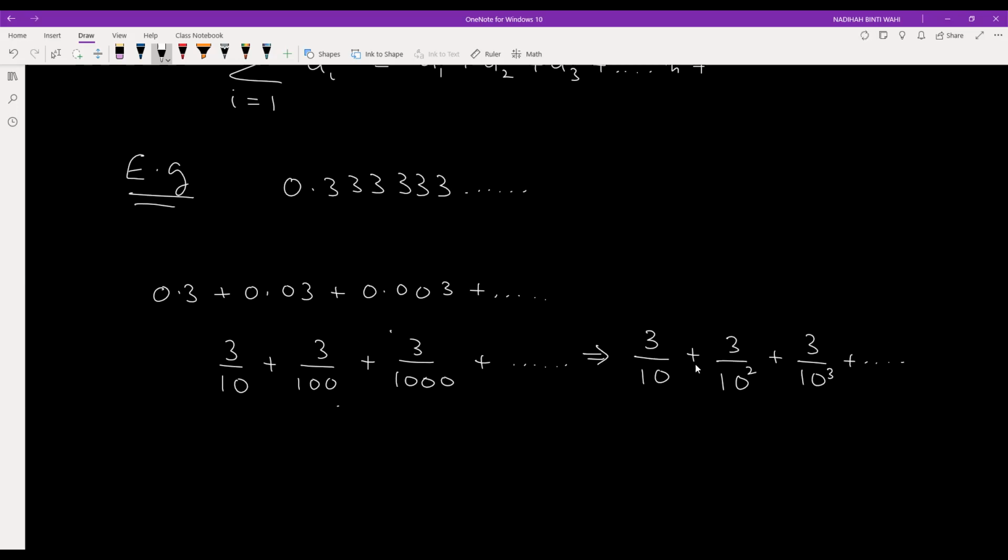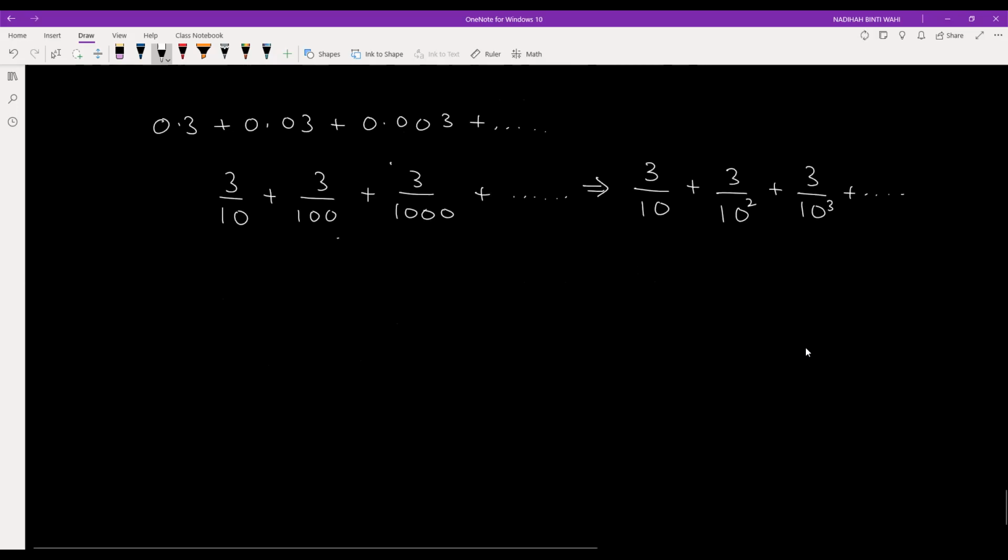That looks like 3 over 10 to the power of n, right? So I can say that Sn is equal to that nth term.